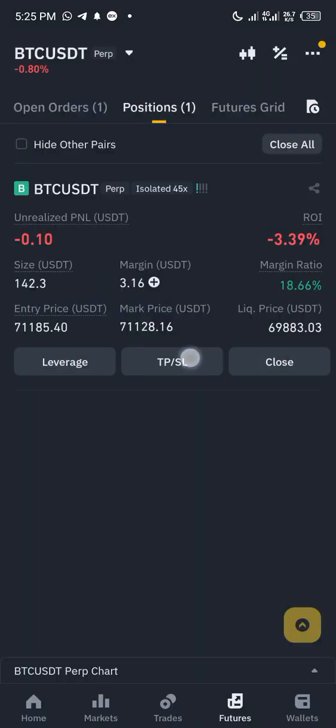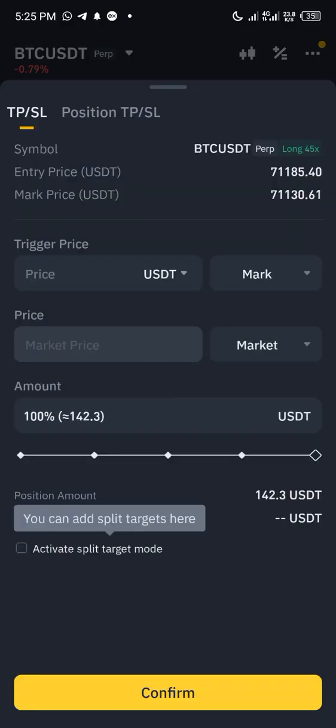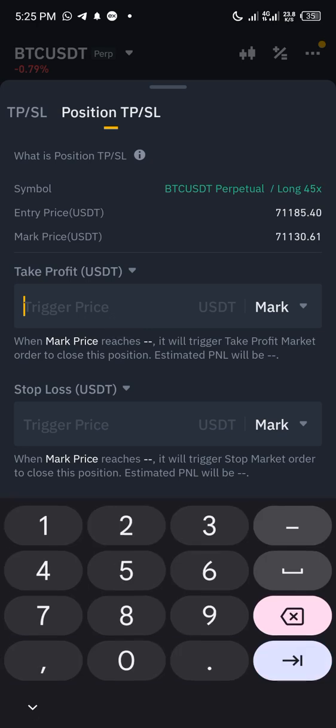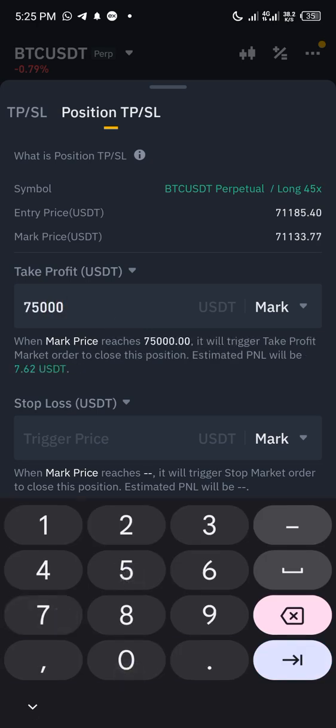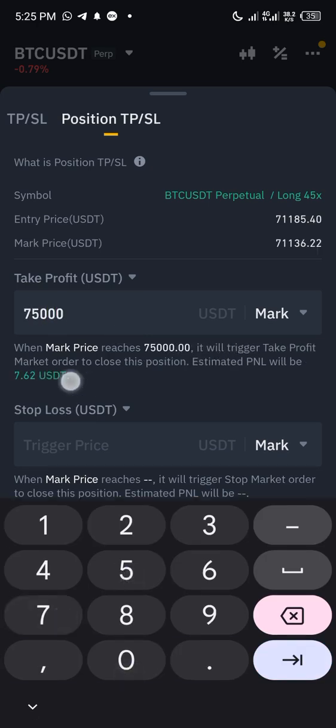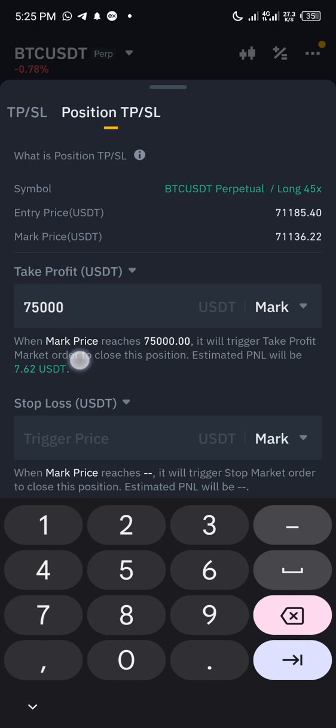Oh sorry guys, let me go back. Let me input it again, 75,000 USDT. This right here is 7.6 USDT. This is saying that if I take the profit here, if the price of Bitcoin is $75,000, then I'll be making the profit of just 7.62 USDT.